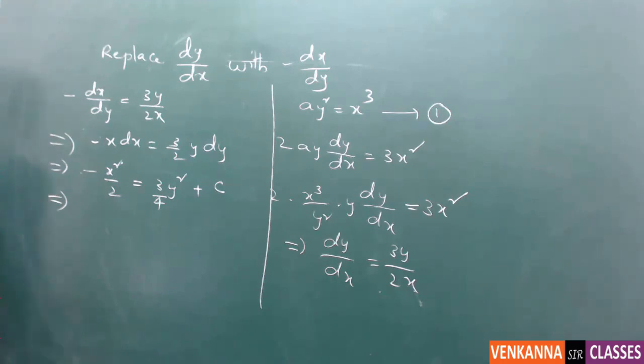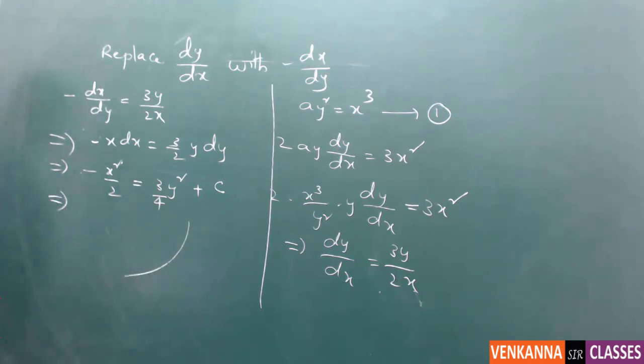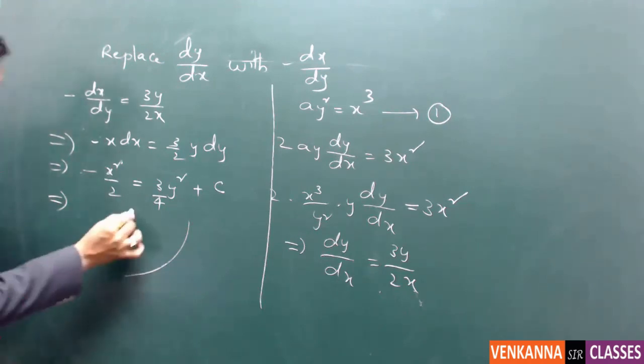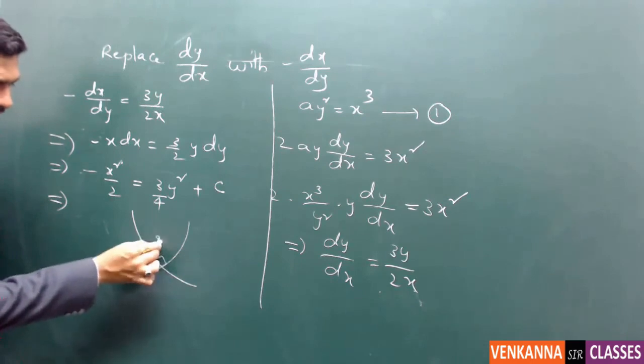Now let me take one more problem. So please take note of it. See, suppose this is the curve, it is given. We are going to get another curve which intersects at 90 degrees.